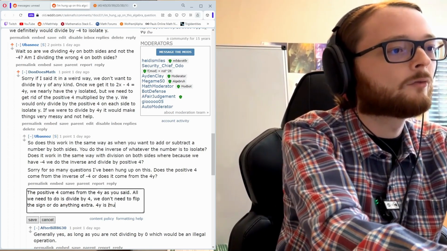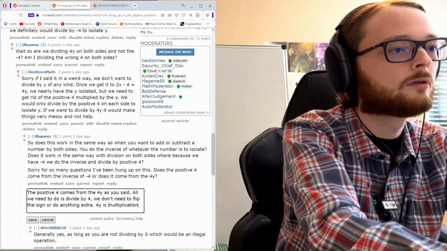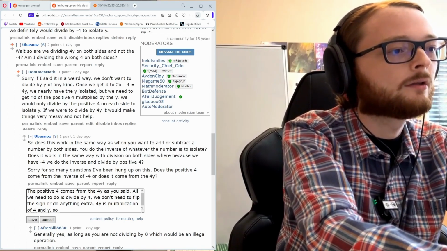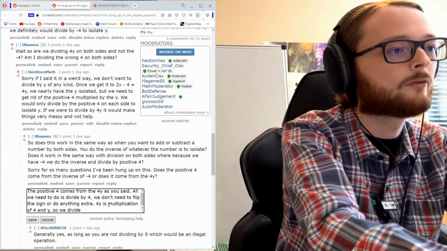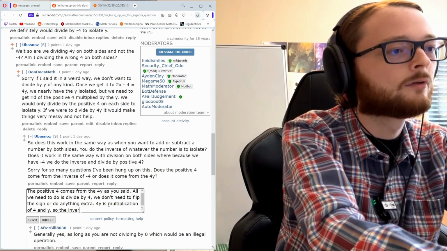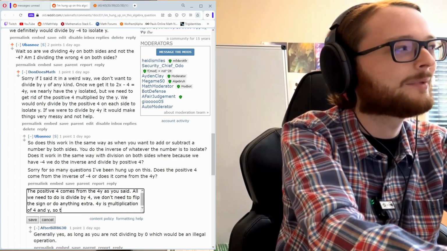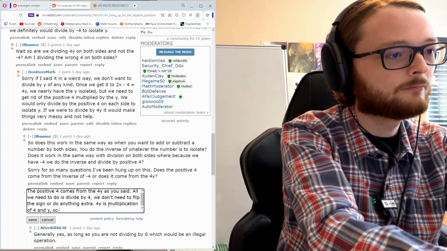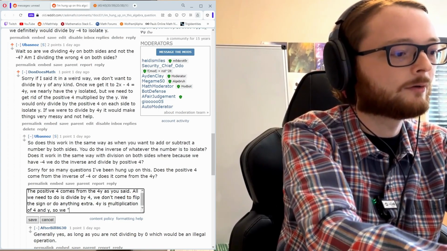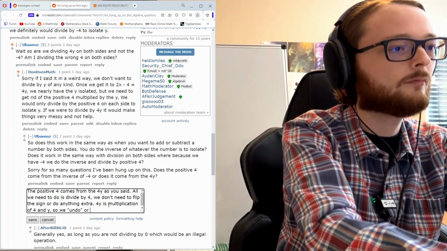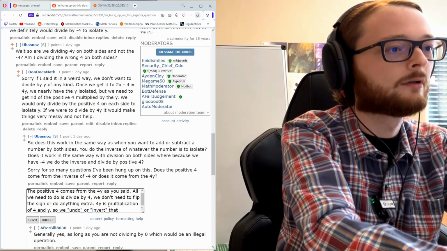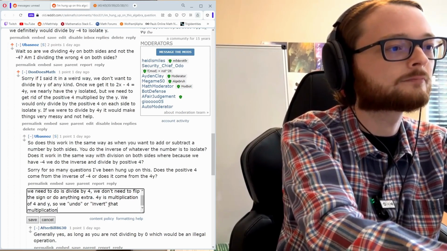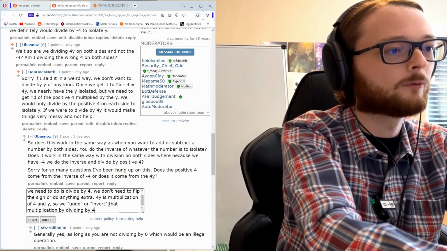For y, it's multiplication of 4 and y, so we divide, so the inverse. I shouldn't say that, inverse is probably a dangerous word to use. So we undo or invert that multiplication by dividing by 4.